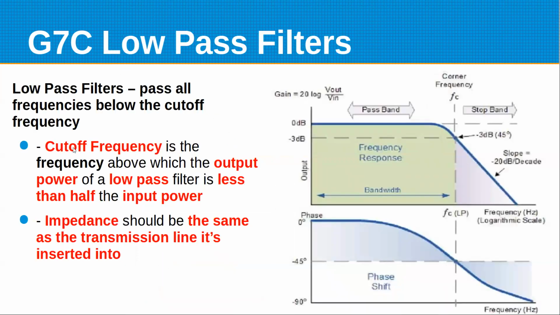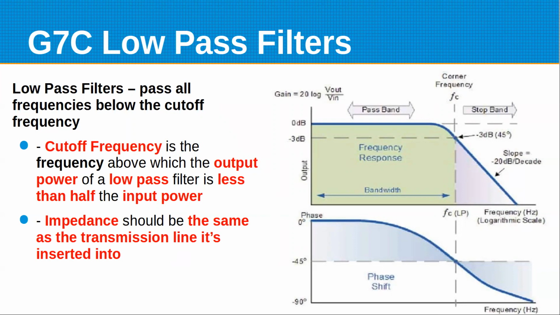So for a low pass filter, it has a cutoff frequency that is at what they call the 3 dB point, minus 3 dB point, or half power. So the signal is one half of the input signal coming through its passband.